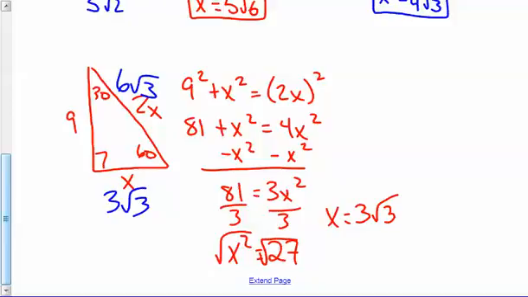So again, I hope using the Pythagorean theorem makes special right triangles much easier for you. You do have to memorize that a 30, 60, 90 triangle has a relationship of the short side x and the hypotenuse 2x. And if you can remember that part of it, then you'll be able to use Pythagorean theorem to set up and solve special right triangles that are 30, 60, 90.